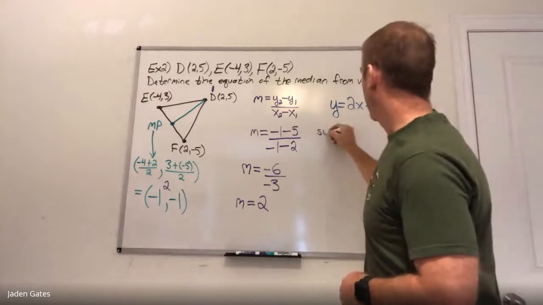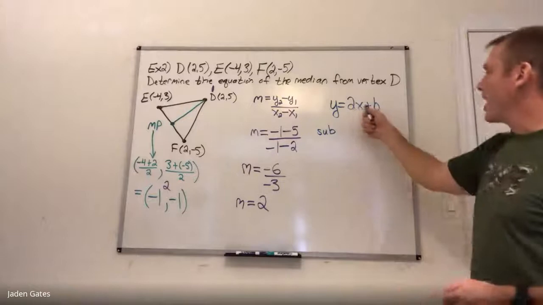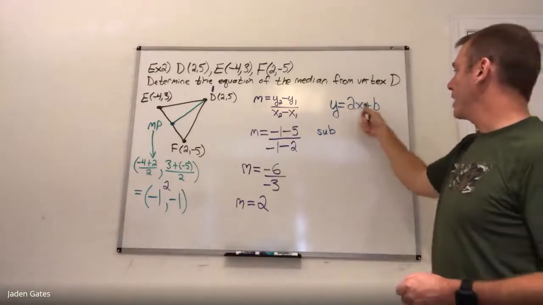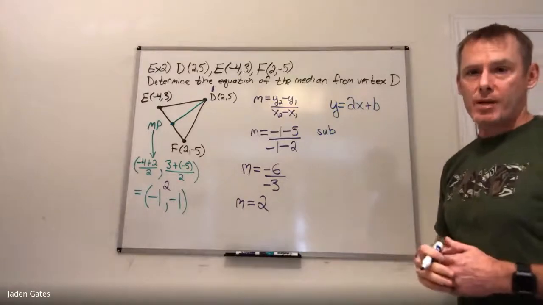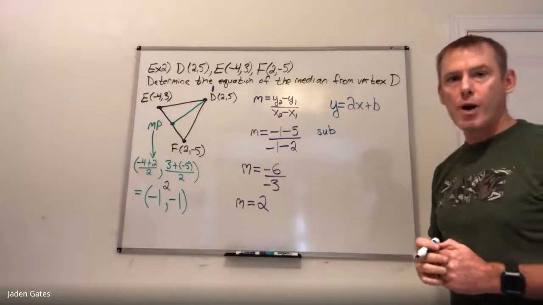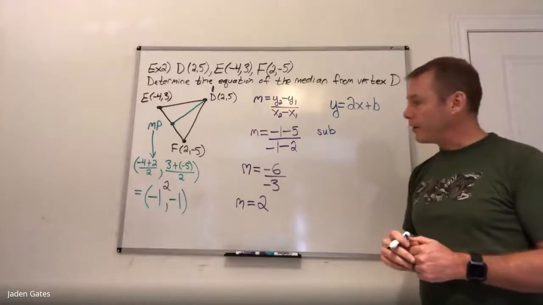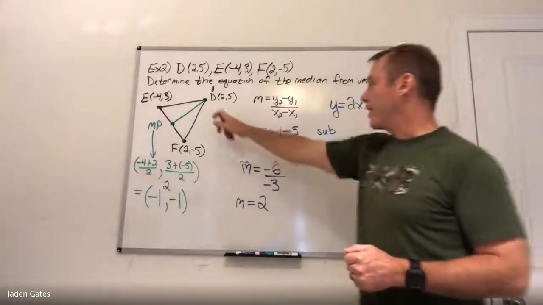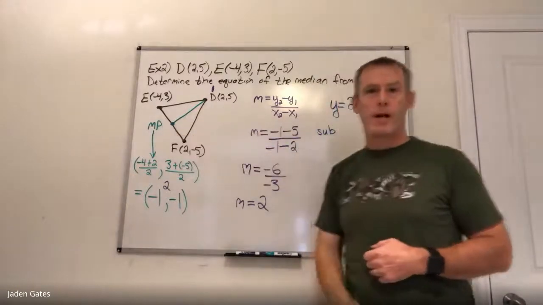Now, this is something that we had before. If I know an x and a y that work for this line, I can sub them in and solve for b. And I do have an x and a y that work. And what I mean by an x and a y that work is that's a point that has to be on that line. We have 2 of them we can pick. We can pick D, because that's on the line, or we can pick the midpoint, because that's on the line.